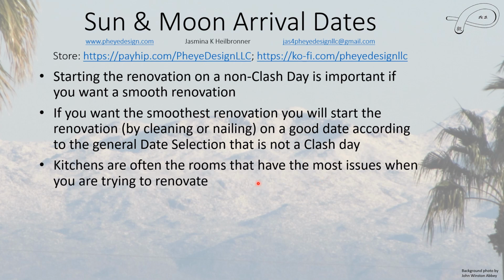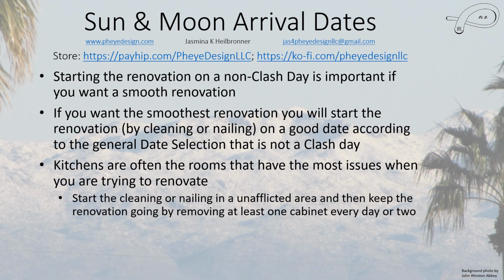Now, kitchens are the rooms that often have the most issues when you're trying to renovate, and that's because there's a lot of stuff behind the walls. And some of it can be on the dangerous side, like gas lines. So, if it turns out that you can't have the workers start in the sun and moon arrival dates, but maybe they can start a week or two later, there is a trick you can do in a kitchen that you really can't do in other places.